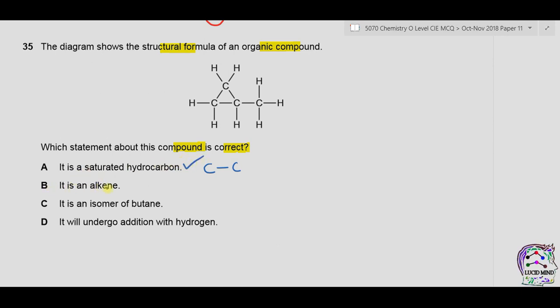B. It is an alkene. Now for an alkene there must be at least one carbon-carbon double bond present, which is not present, so therefore B is wrong. C. It is an isomer of butane. Now isomer means same molecular formula but different structures.